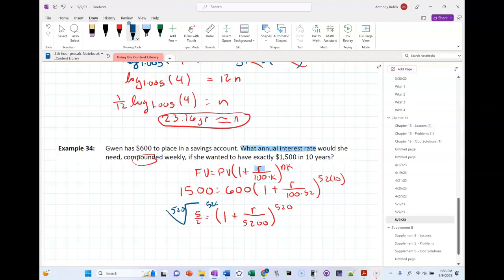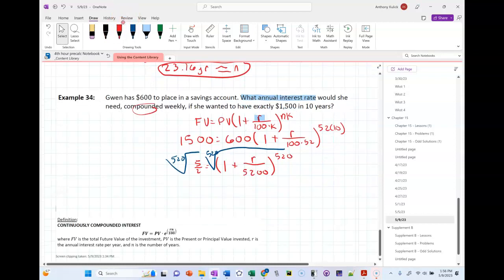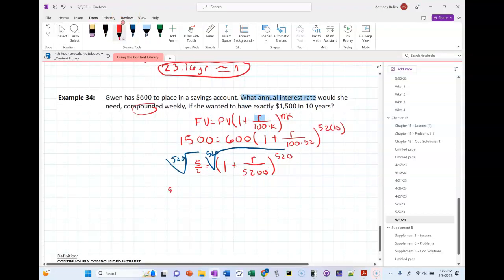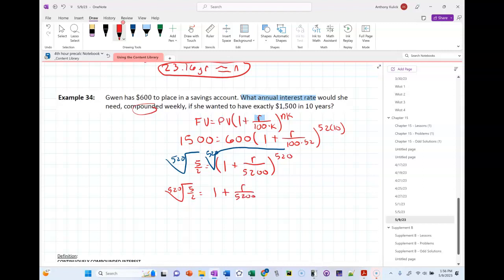Just the 520th root. Then to get the R by itself, I just need to subtract 1 and multiply by 5,200. And that should be my value for R.